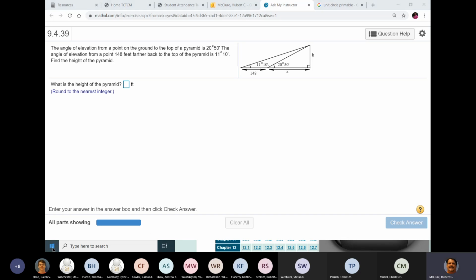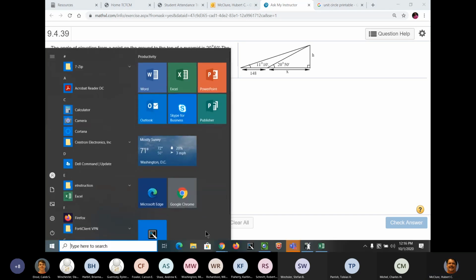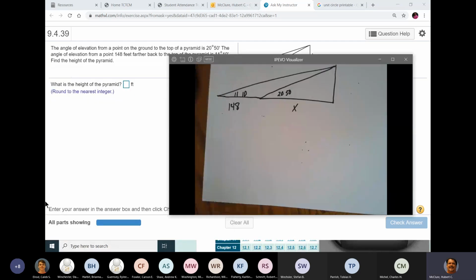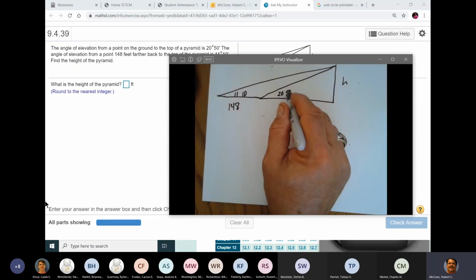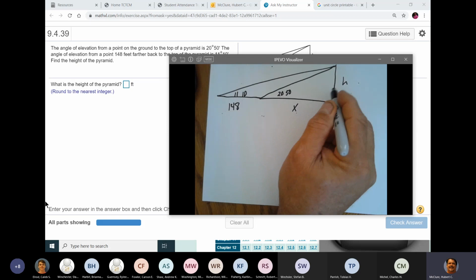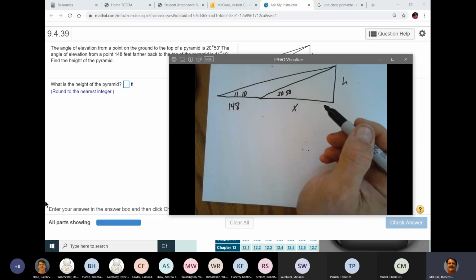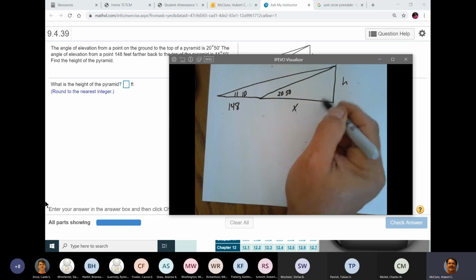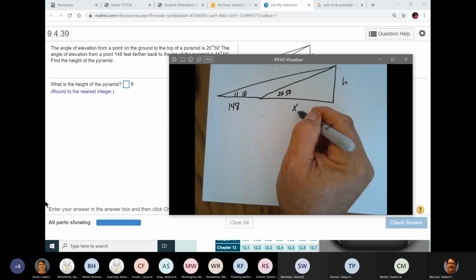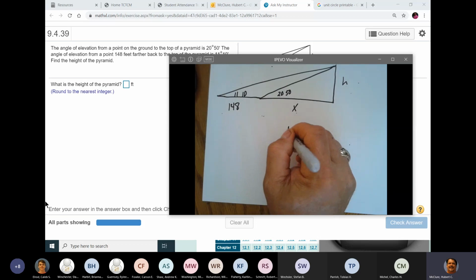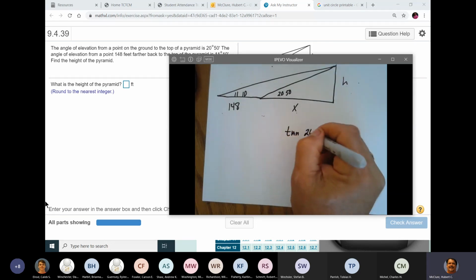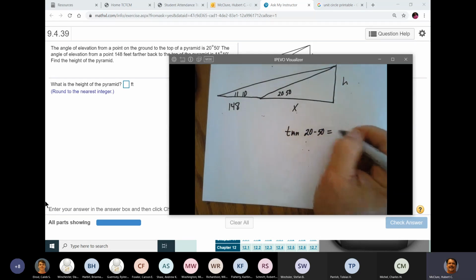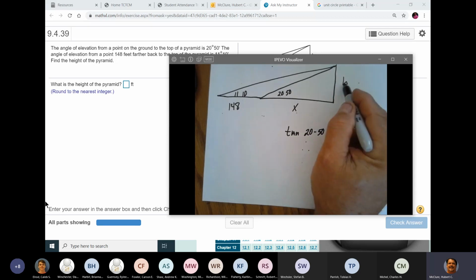Okay, so I'm trying to find H, and I've got something here and something here. So it looks like to me we go with the tangent. Oscar had a hunk of apple. So tan of 2050 is equal to opposite over adjacent, Oscar had a hunk of apple.